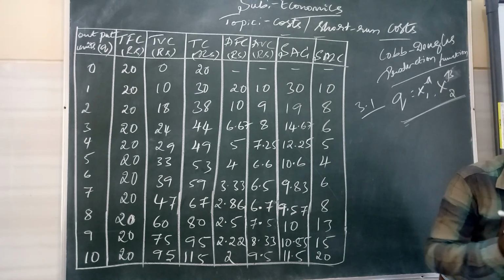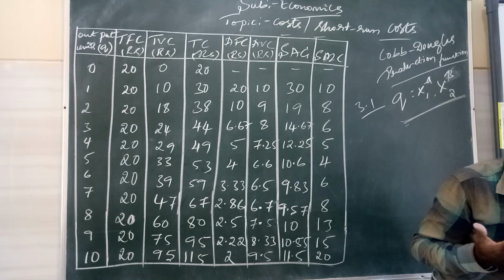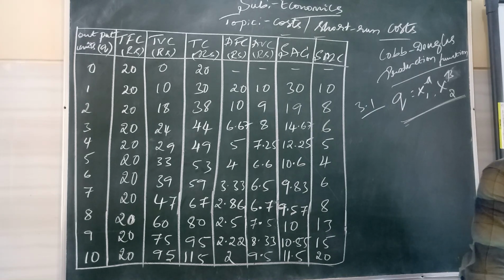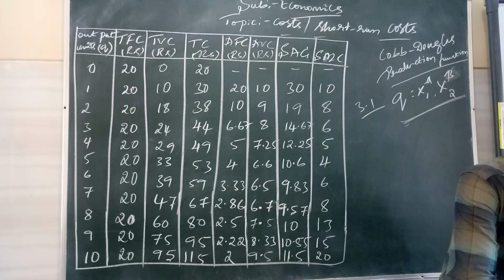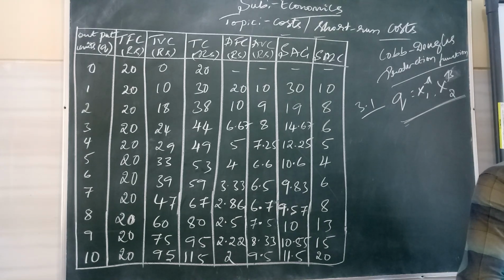The cost that a firm incurs to employ these fixed inputs is called total fixed cost, TFC. Whatever the amount of output the firm produces, the cost remains fixed for the firm.